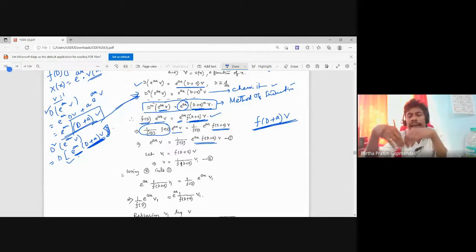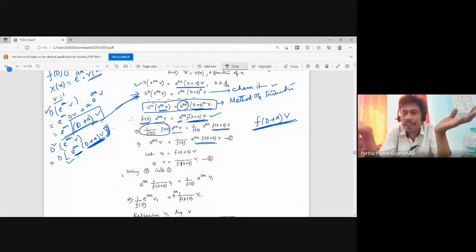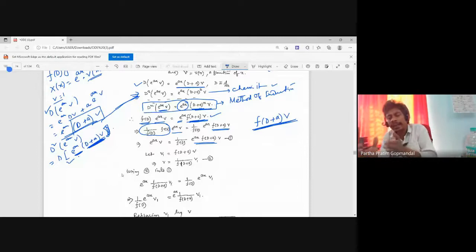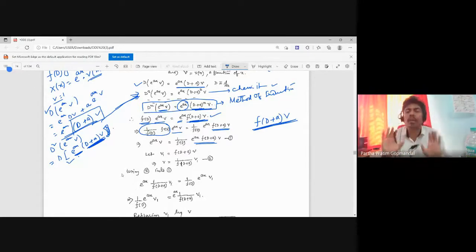f(D+a) is a function of a differential operator. If you operate that differential operator on a function of x, it turns out to be a new function of x. That can be a constant, that can be 0, but you can simply say it is a function of x, because constant and 0 are all functions of x.